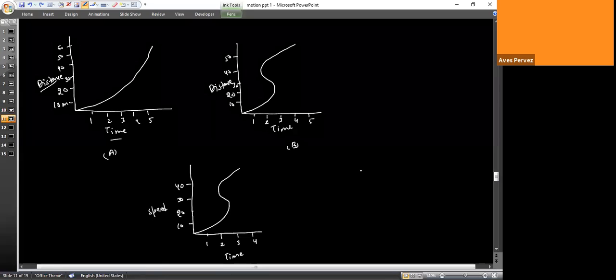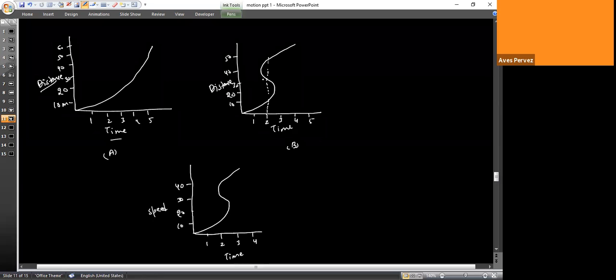Okay, what the graph is actually saying here is that at the same time, if you see, at 2 seconds the car is at a position of 15 meters, then again at approximately 30 meters, then 40 meters.